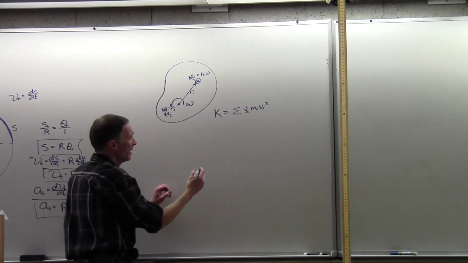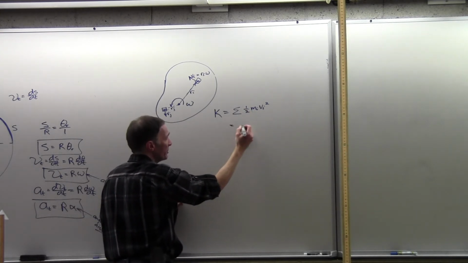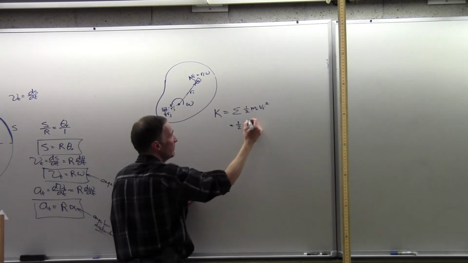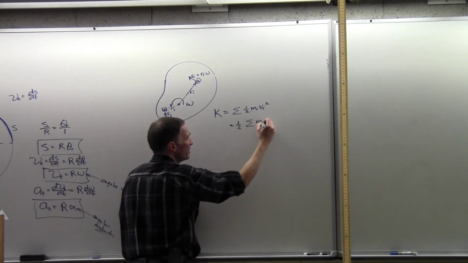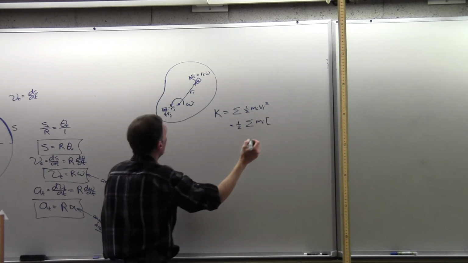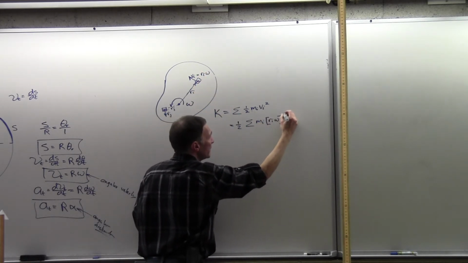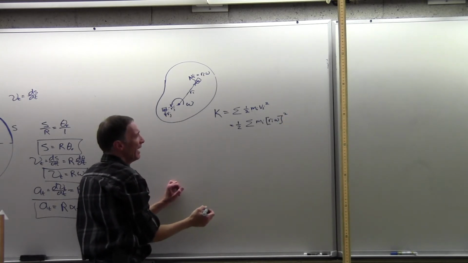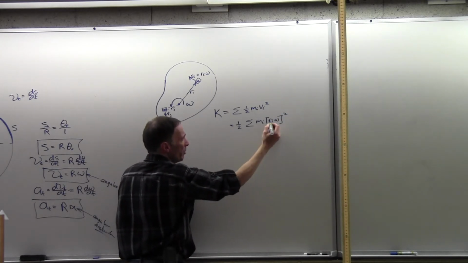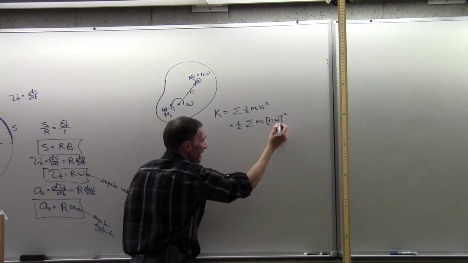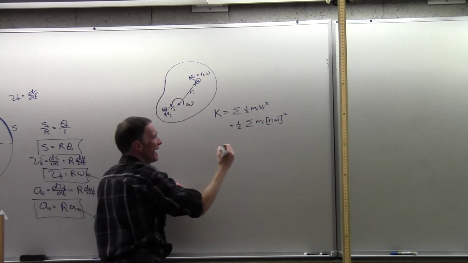Now, we can do a little bit of math here, since we're summing them up. One, I could factor out this 1/2. And I have the sum of m sub i, and now v sub i I could rewrite as r sub i times omega. I'm going to square that, and I could square both of these terms inside. And since omega is the same for all of them, I could factor that out.